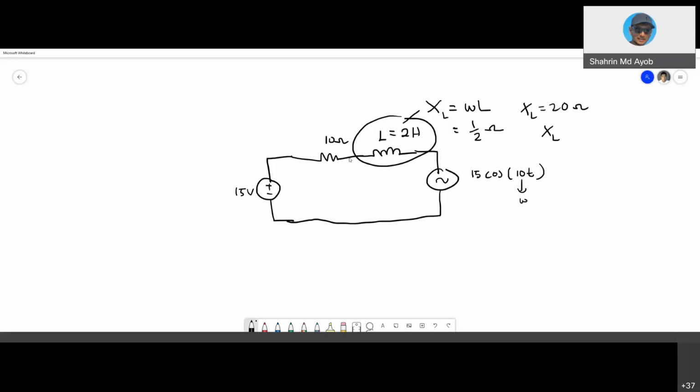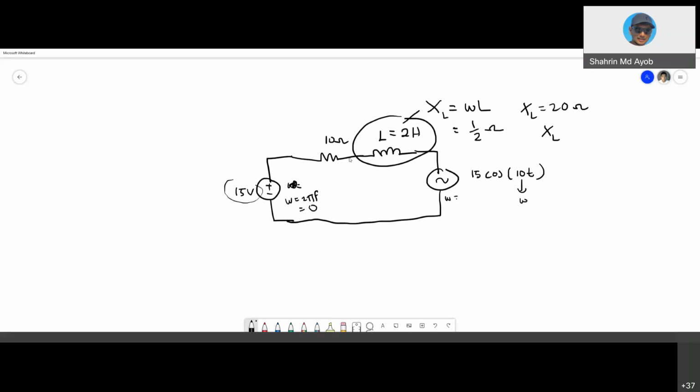So this omega here is 0. What is the frequency? We know that omega is 2 pi f, right? So if referring to the voltage source here, the frequency is 0. So your omega should be 0.